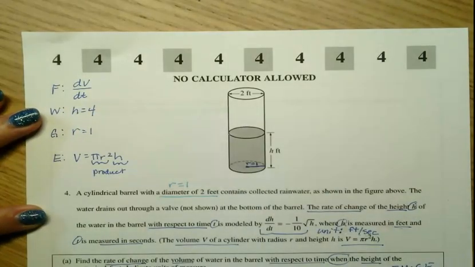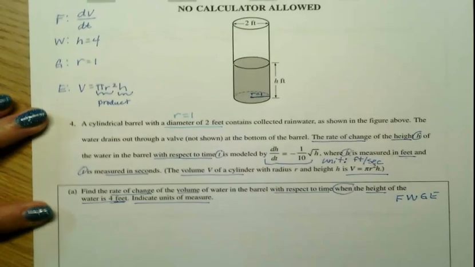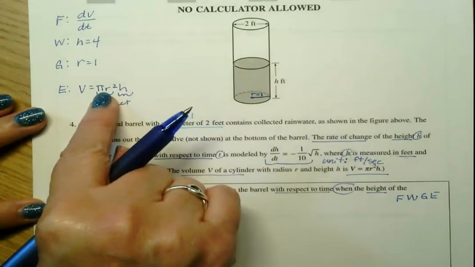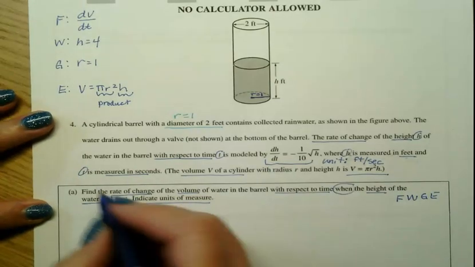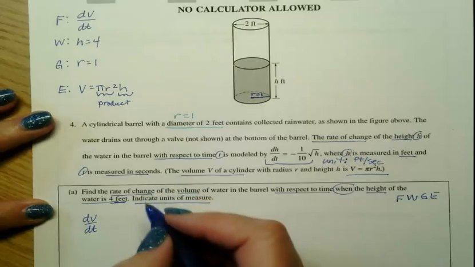So let's go ahead and start doing our FUEGI. In other words, differentiating the equation. So we're going to come down here and we're going to go dV over dt. And then I have a product.